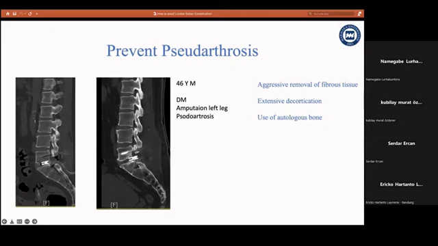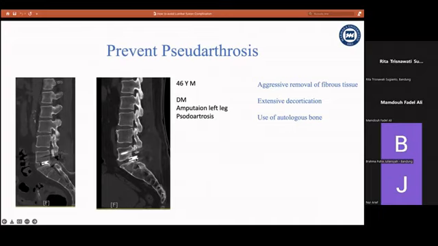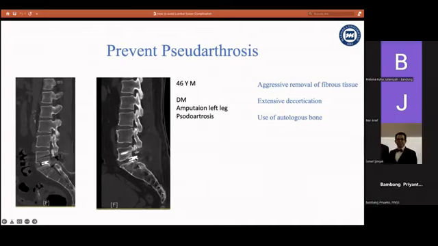titanium cage. Sometimes we use an interbody cage that is fully metal, but we need to use autologous graft inside. If we use only this cage without an autologous graft, sometimes we can't achieve fusion.